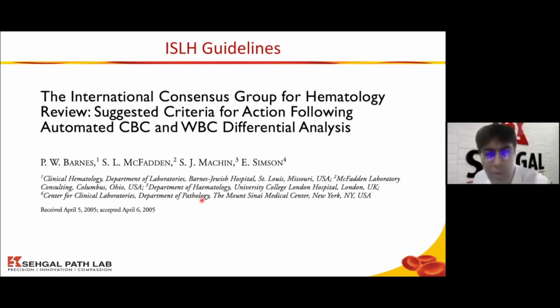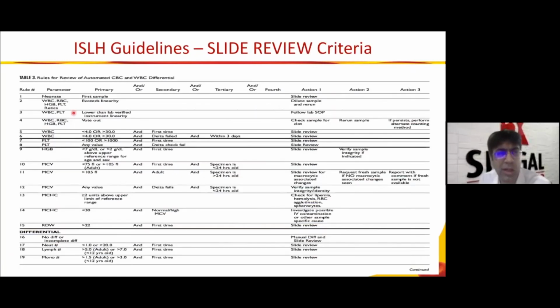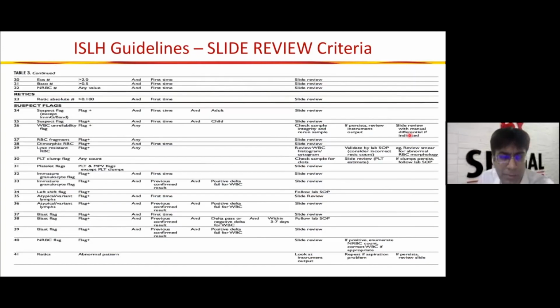This article will give you a very, very good detailed analysis of how flags are used. They have given each and every flag, what the different values one can use are, what secondary analyzers you can use, the number of days, whether the slide review criteria apply, whether you need to rerun it, whether you need to verify it. You can go into detail of this article, and see what to do when this follow-up comes.